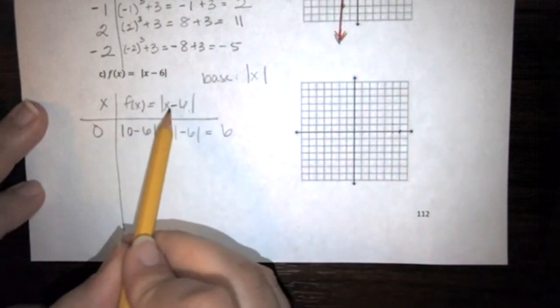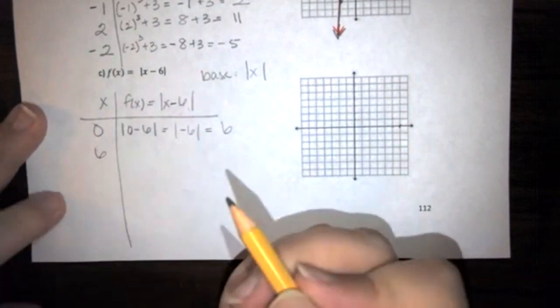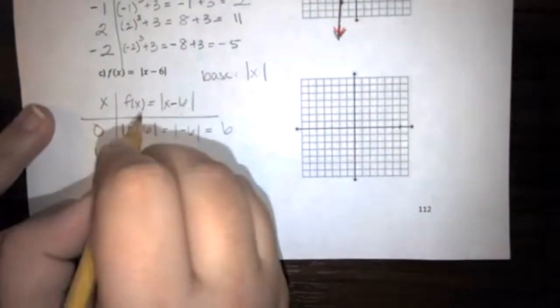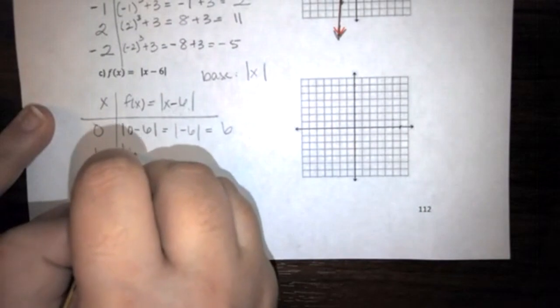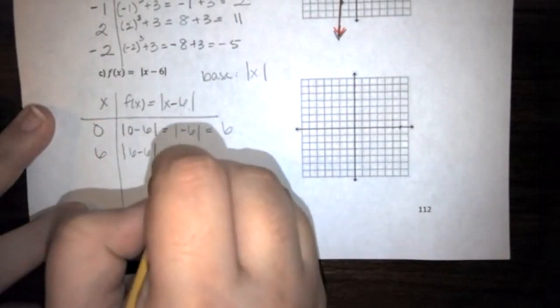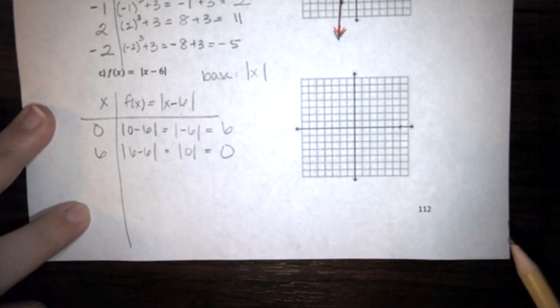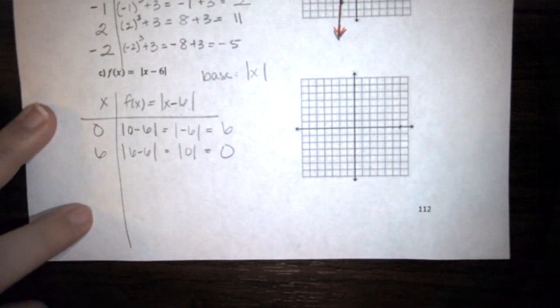And so here, I'm going to look at, okay, what if I chose 6? Well, that's going to give me the absolute value of 6 minus 6. Well, 6 minus 6 is 0, and the absolute value of 0 is 0. So I have 2 points. I need a couple more.